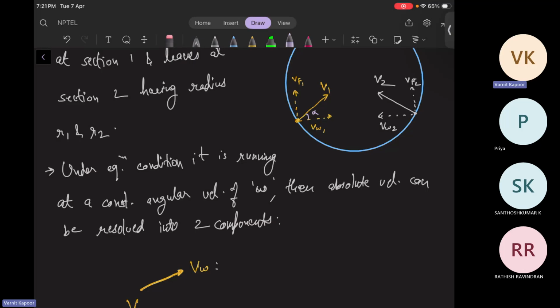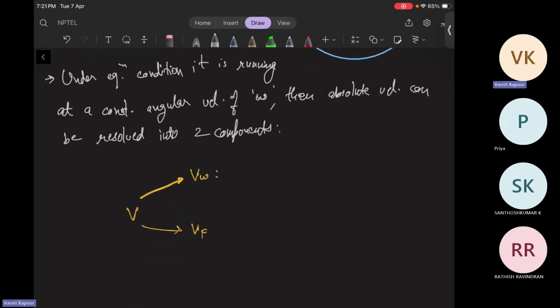Similarly, vw can be written as v cos alpha and vf can be written as v sin alpha.